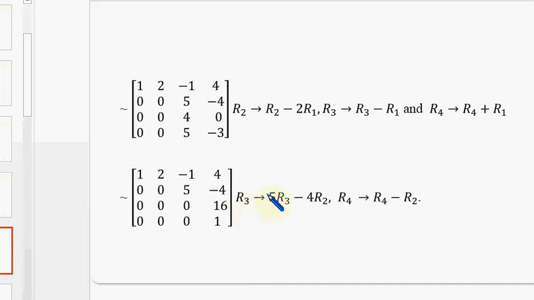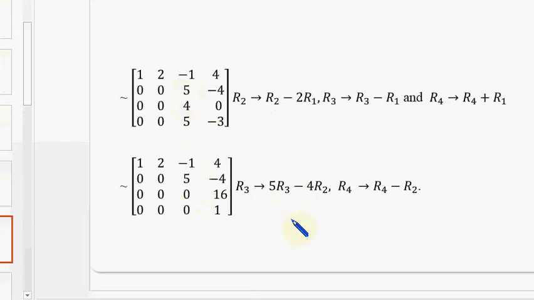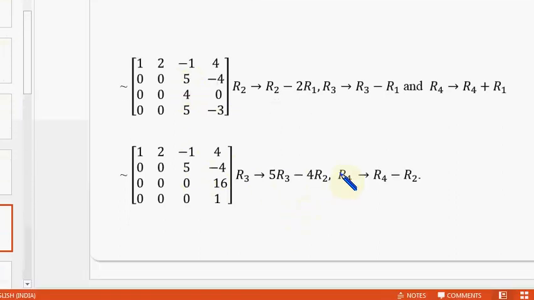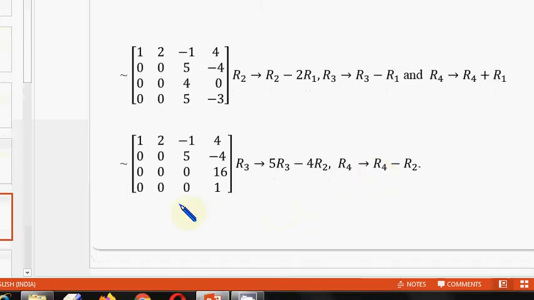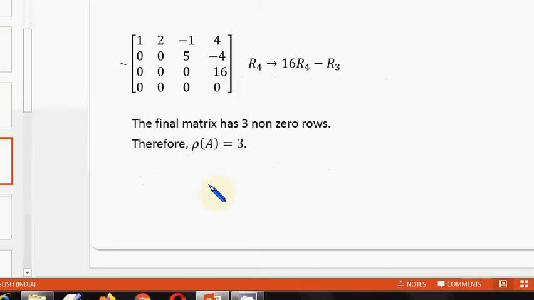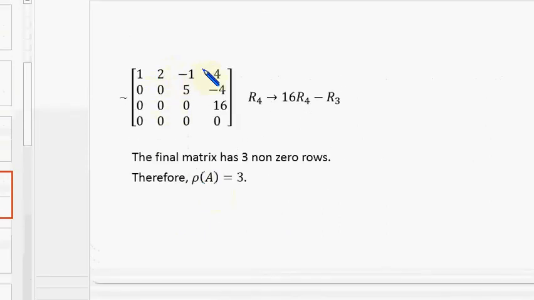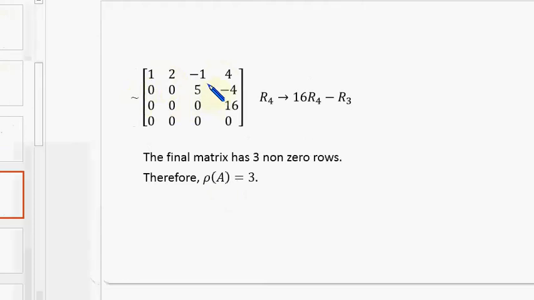R3 can be written as 5R3 minus 4R2. We multiply these two terms, interchange, and then subtract. R4 can be written as R4 minus R2. It can be rewritten like this, with the remaining elements.